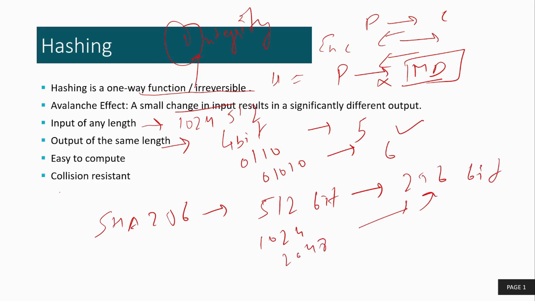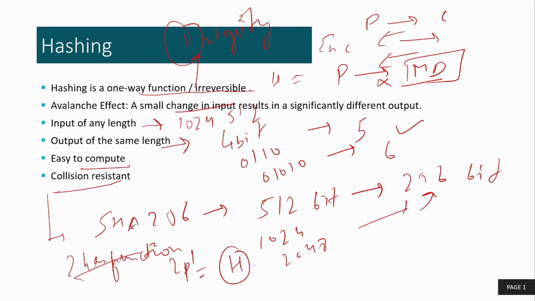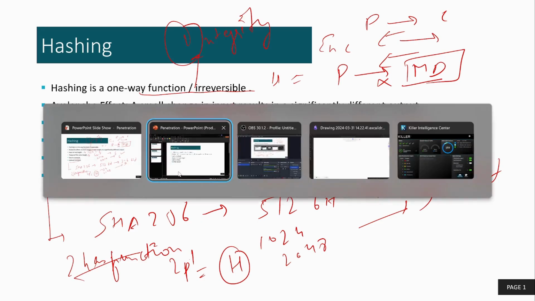It should be easy to compute, and it should be collision resistant. Collision resistance means that two different plain texts cannot have the same hash. So for example, let me show you.